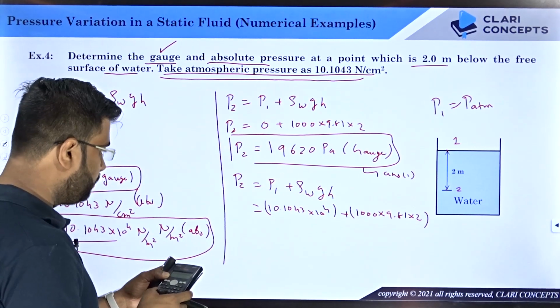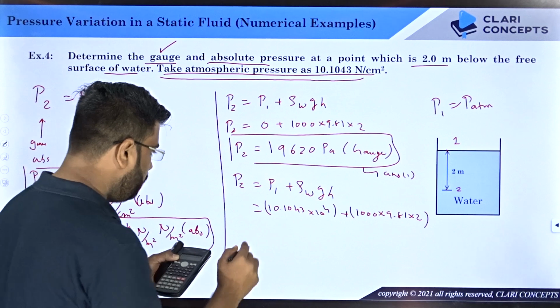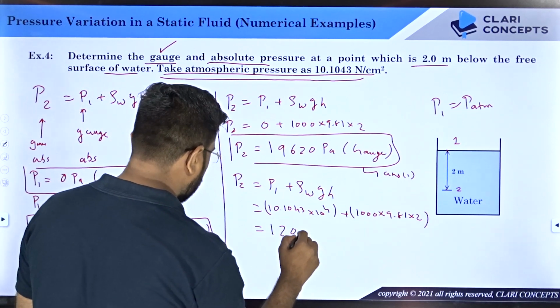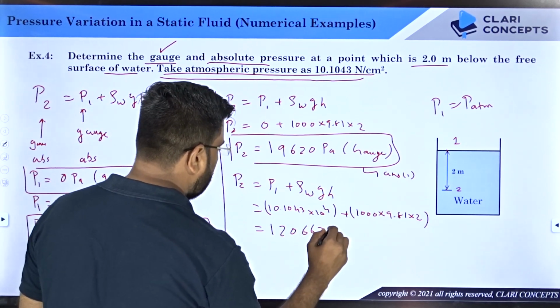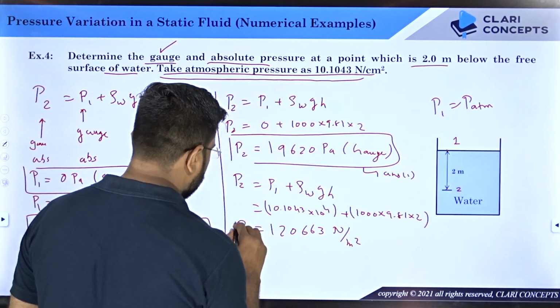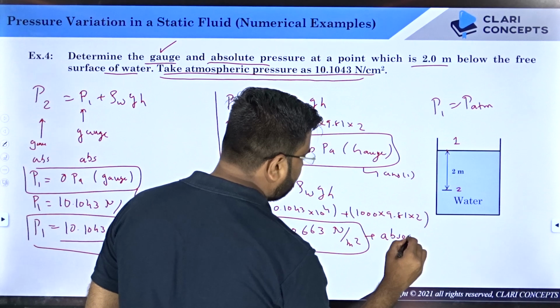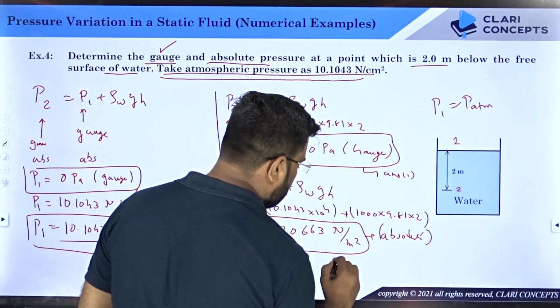So, this is around 120,663 Newton per meter square, or rather Pascal. Both of them are correct, but this is an absolute pressure, and this is answer number 2.